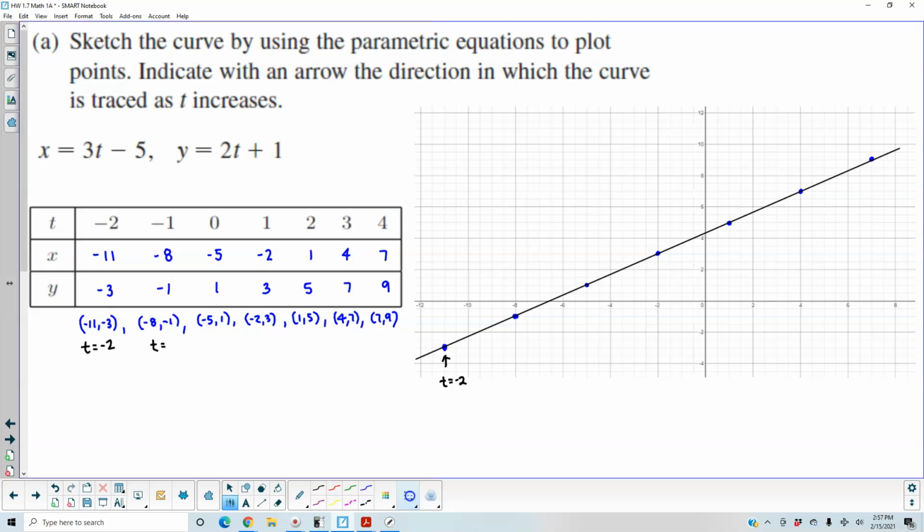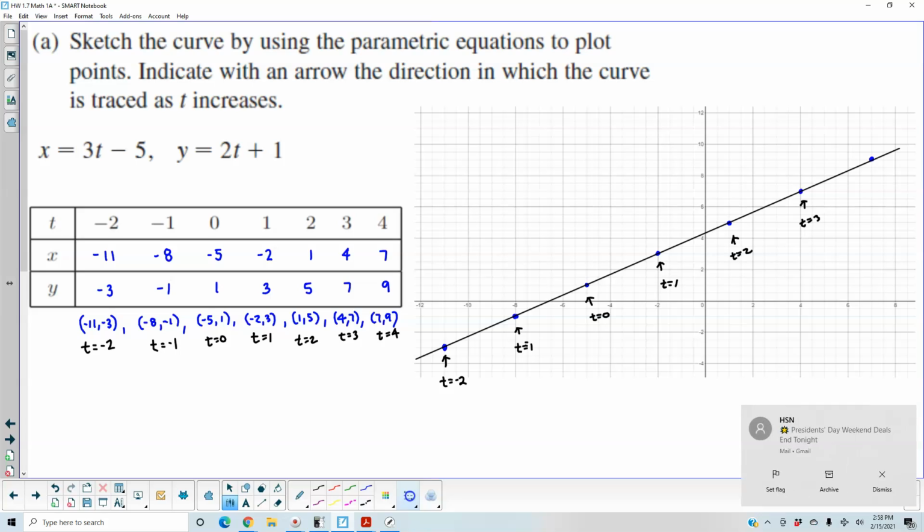This is when t is equal to negative 1. t is equal to 0. t is equal to positive 1. t is equal to 2. t is equal to 3. And then t is equal to 4.